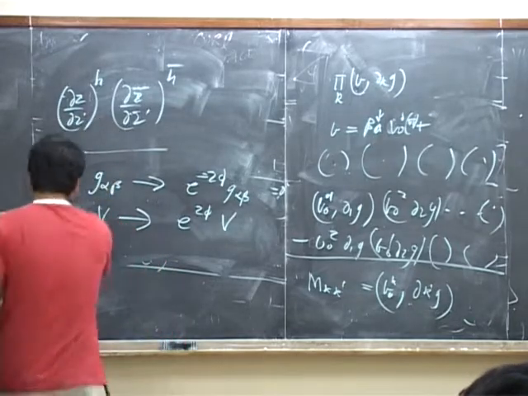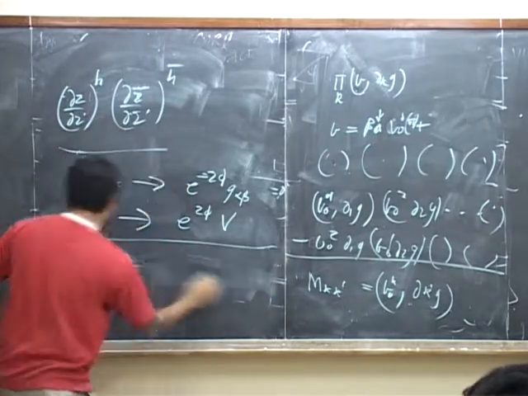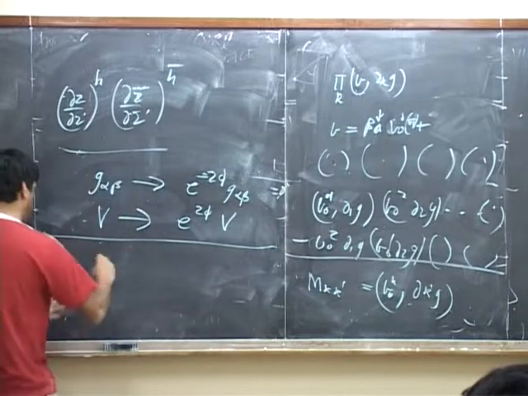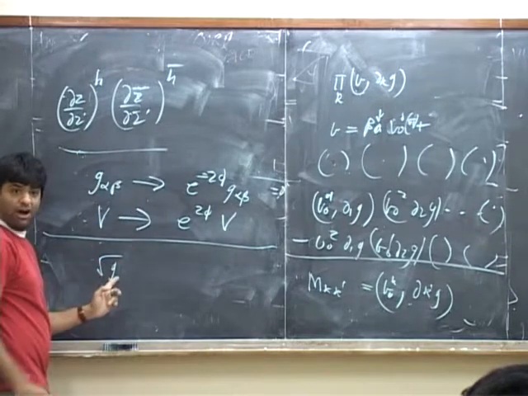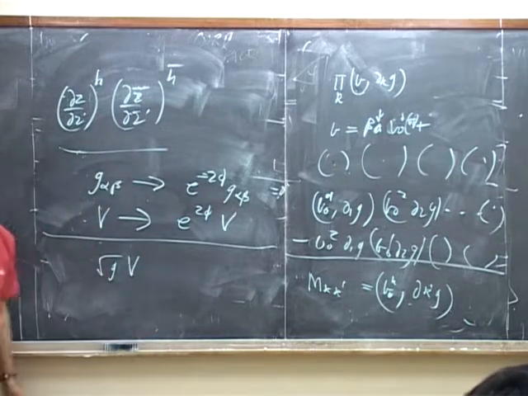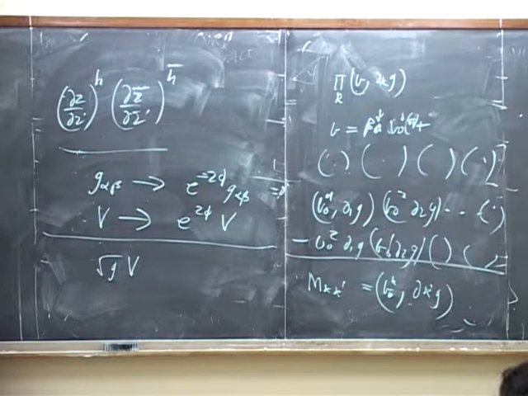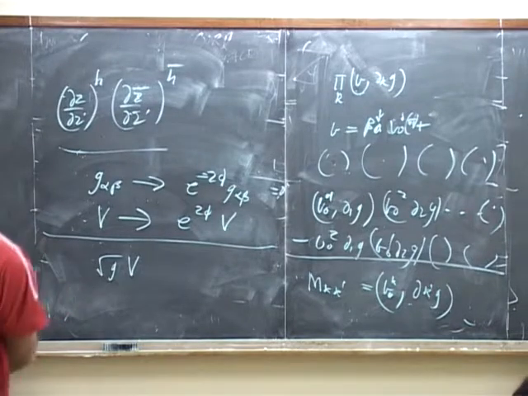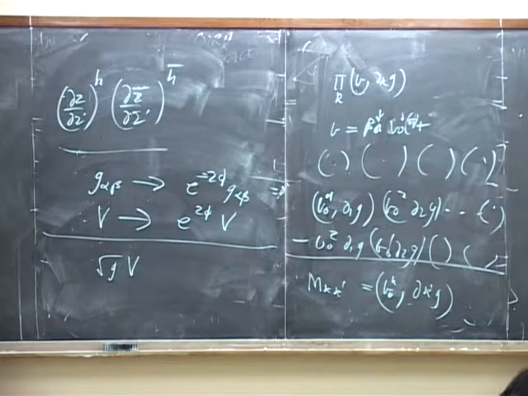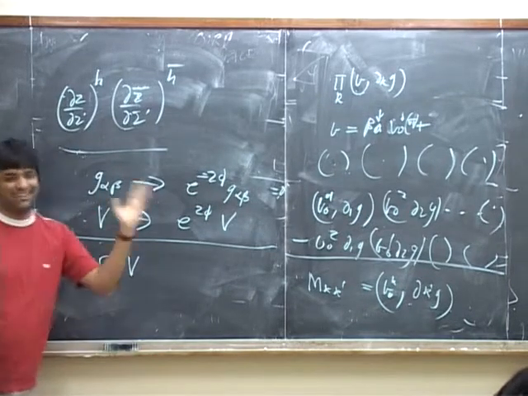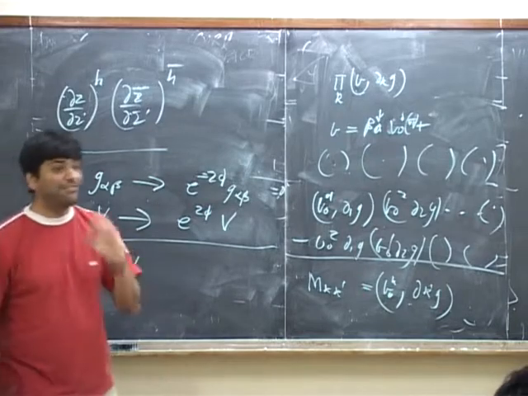Because of that, every insertion of square root g times v is Weyl neutral. So this part of the insertion is fine. B and C is fine.